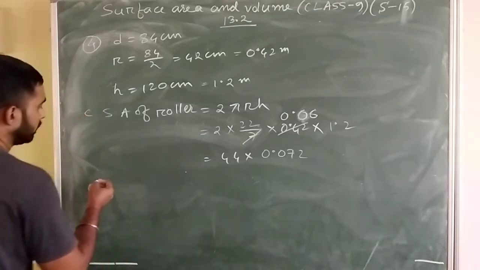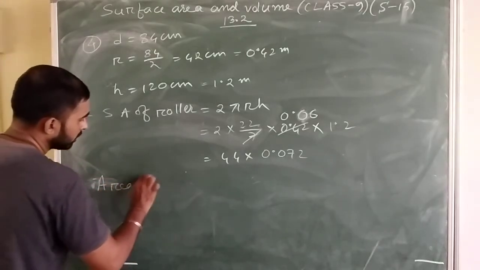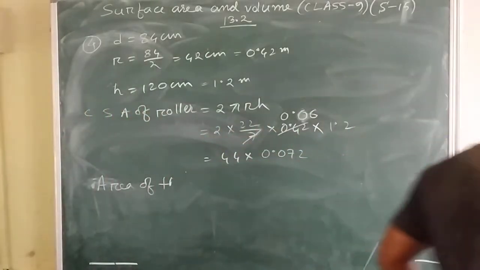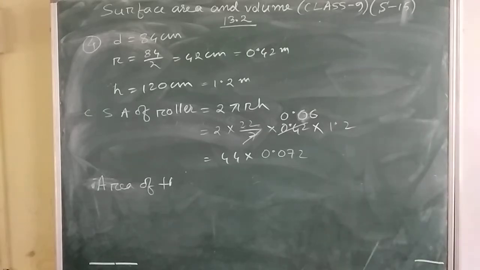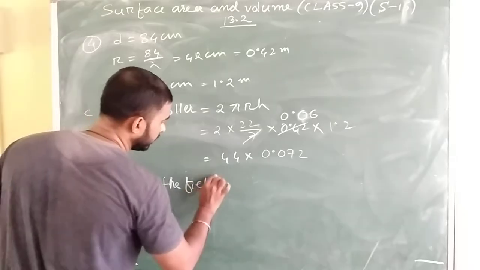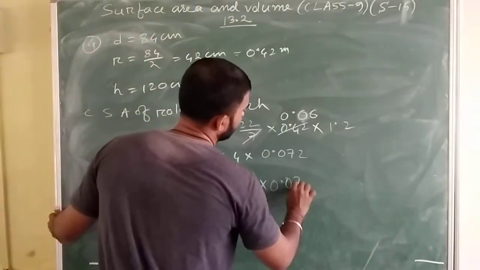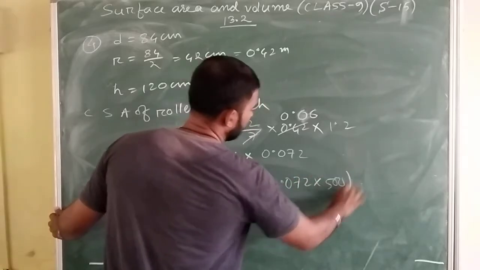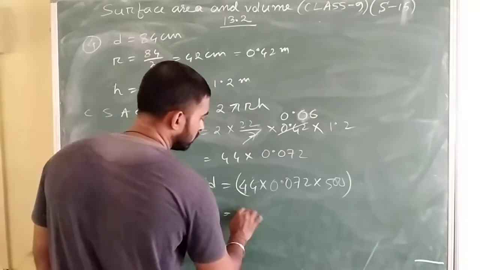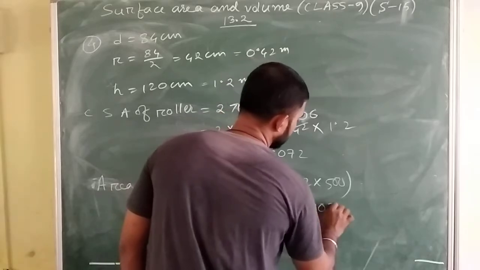Okay, then the total area of the field equals CSA into the number of revolutions. 44 into 5 is 220, that equals 220 into 0.072.